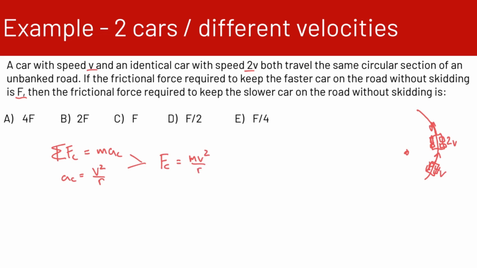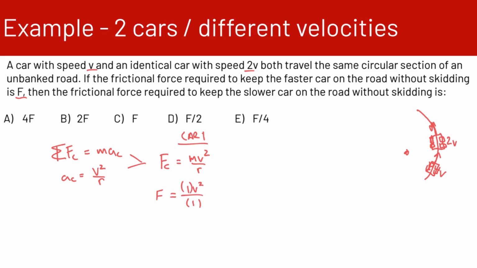The only thing that's changing here is the v. We know that the force for the car traveling at v is F, so we can put a 1 in for all of the values that don't change. For car 1, we have 1 times v squared over 1, which gives us a force of F.